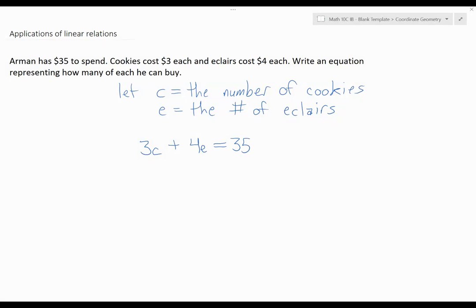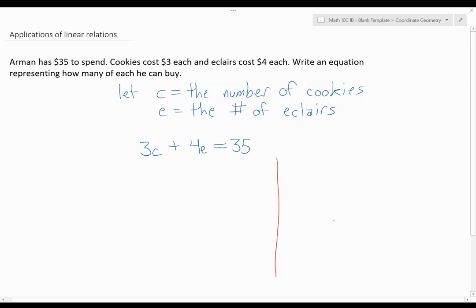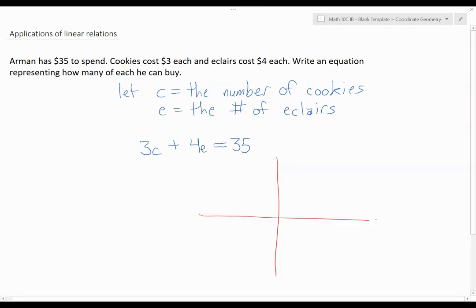Now, if I were to consider graphically what that looks like, I can define, let's say this is the C axis and this is the E axis. I can represent this on a graph by figuring out, first off, if he bought all cookies, so just cookies, 0 eclairs, this would be the horizontal axis, then 35 divided by 3 would be 11.66666.